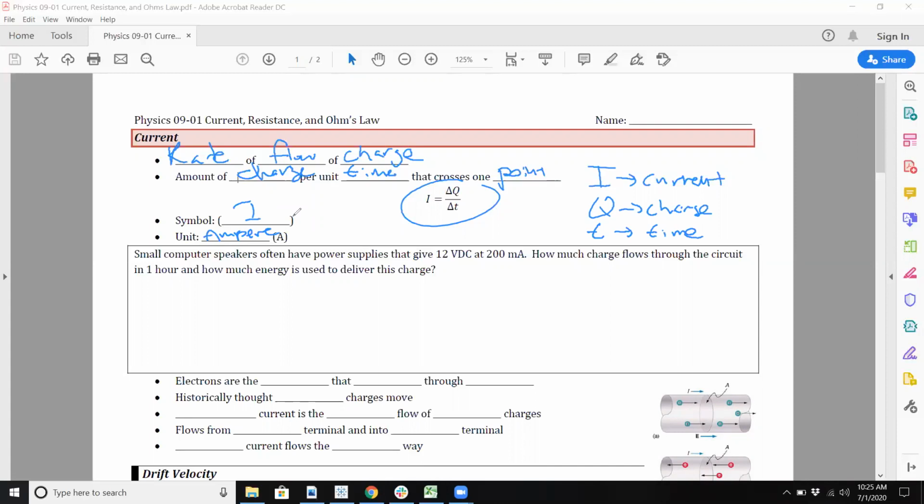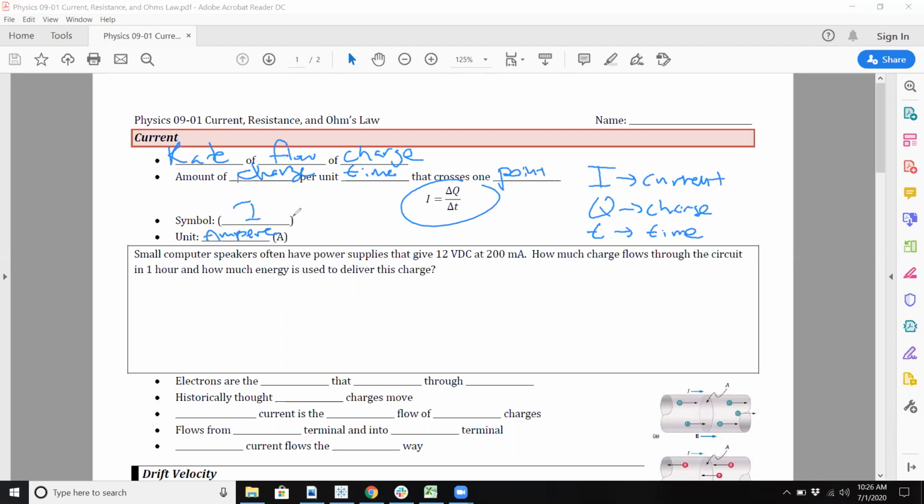So let's look at this one here. Small computer speakers often have power supplies that give 12 VDC, not sure what that really means, at 200 milliamperes. How much charge flows to the circuit in 1 hour? How much energy is used to deliver this charge?